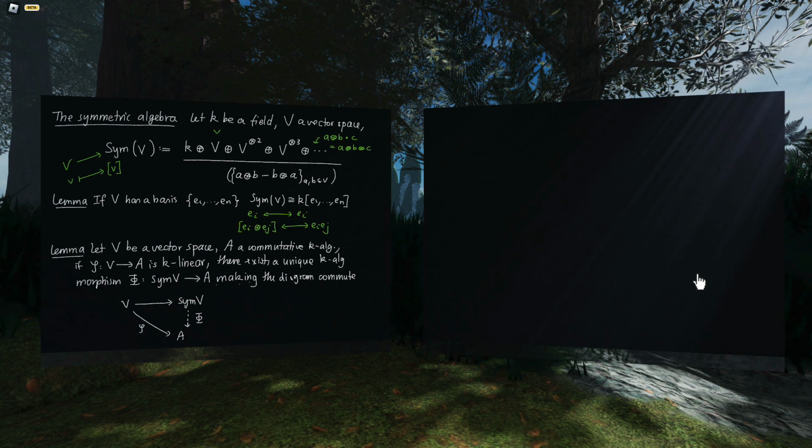Okay, so what this statement is saying is that any K-linear map out of V can be lifted to the symmetric algebra.